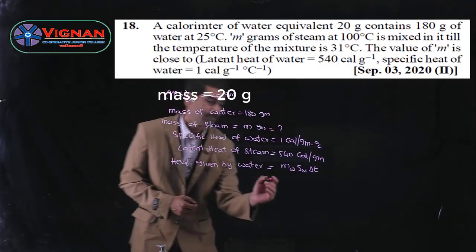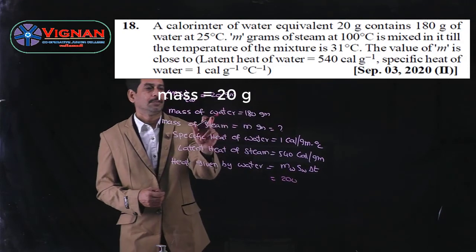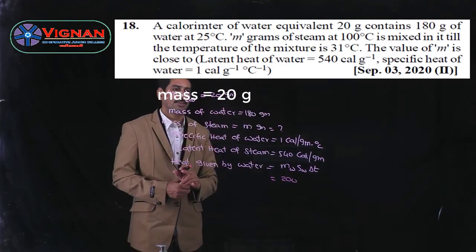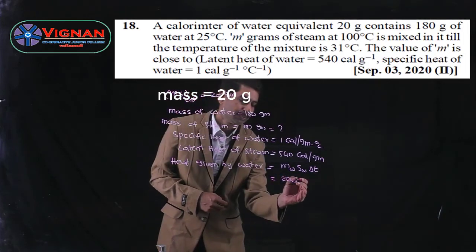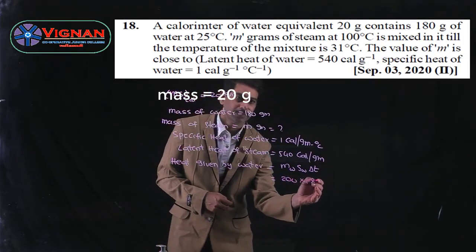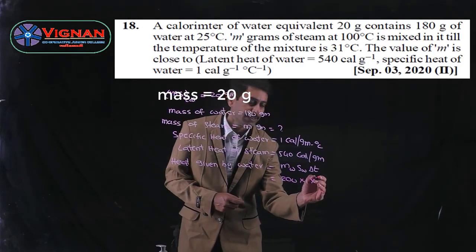So this is nothing but mass of water is 200, because it contains the calorimeter, so 180 plus 20 is 200 grams, and the specific heat of water is 1, while the change in temperature is 31 minus 25.